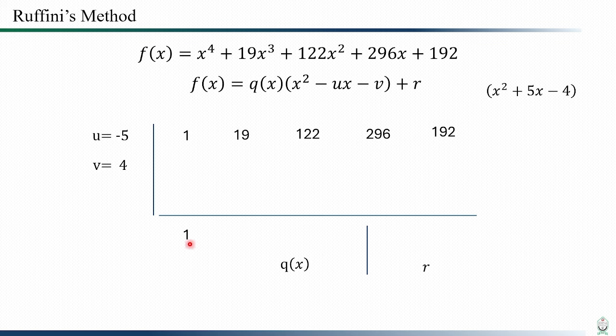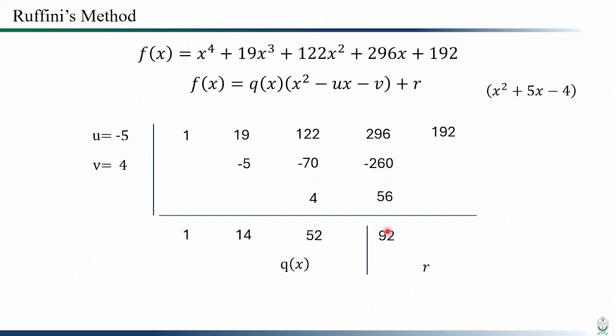1 will drop down here and -5 will get multiplied with 1, that will be -5, and after adding these two values we get 14. Then similarly -5 will get multiplied with 14 and return -70. Now v will come into place. 4 into 1, which is 4. After adding these three values we get 52. Now -5 into 52 gives -260. 4 into 14 gives 56.